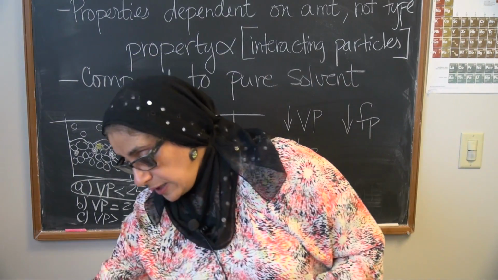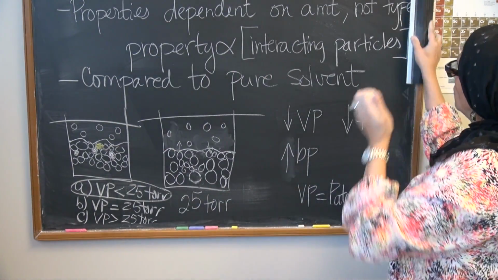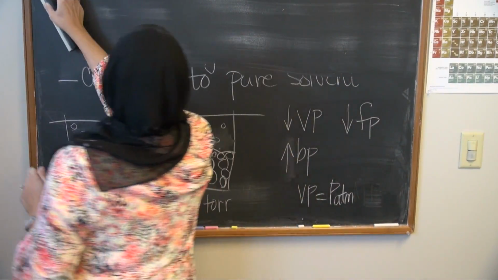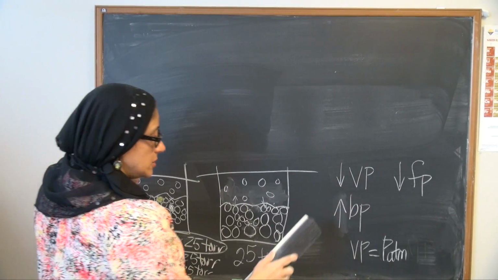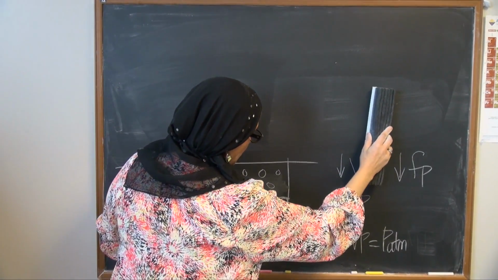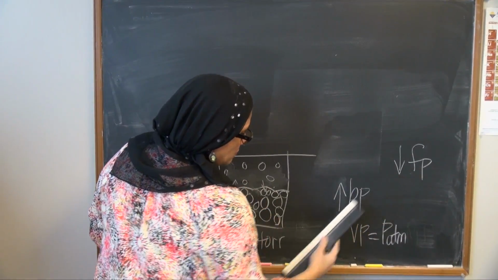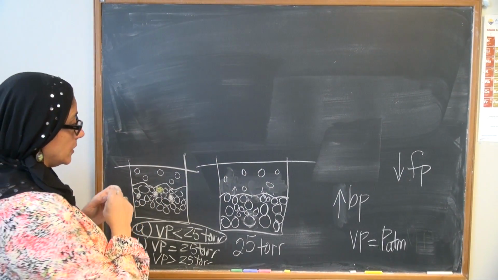Okay, and the interactions or the calculations, if you will, for these various things, we will not deal with the vapor pressure calculations or Raoult's law. We'll only deal with the boiling point and freezing point calculations.